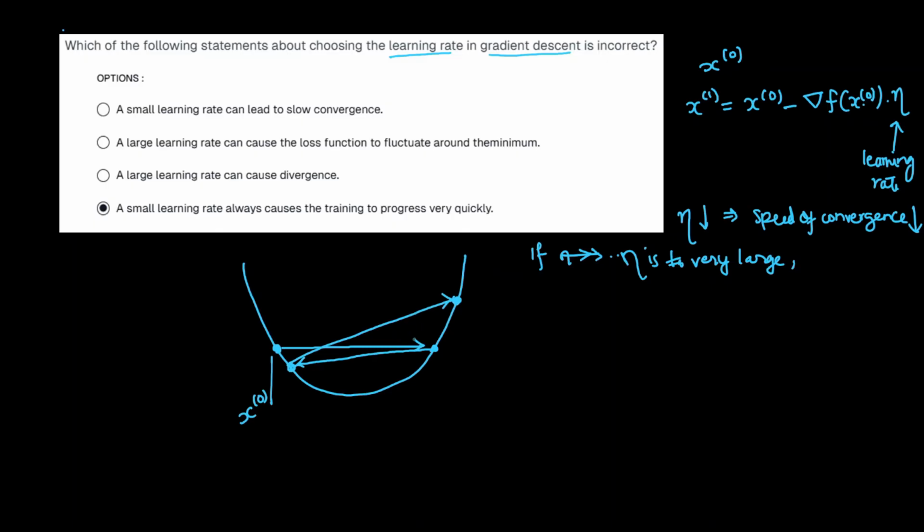So it can move in this manner, either towards the optimal value or away from the optimal value, right? So this is the problem of having a very large learning rate, because the algorithm might diverge.